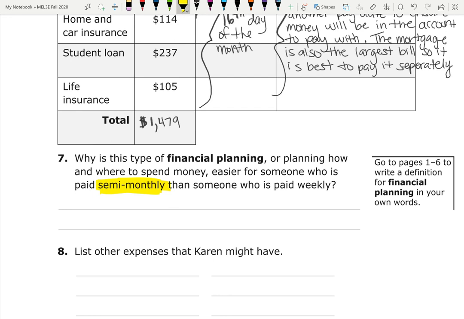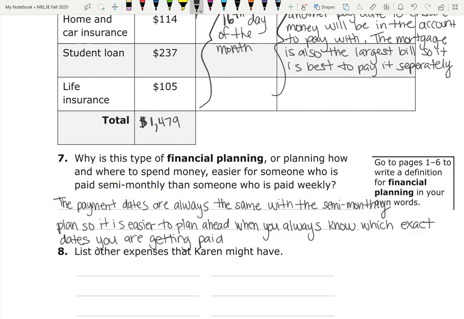Okay, so you know the exact days that you are going to receive payment in your checking account. So it's a lot easier to plan ahead, especially these fixed expenses. You can plan ahead of when to pay these because you know when the money's coming, you know the exact day. Okay.